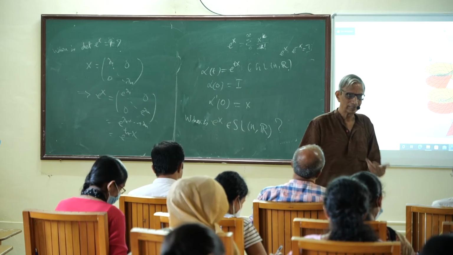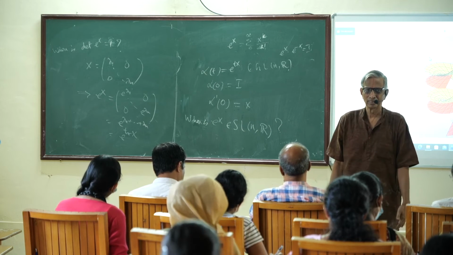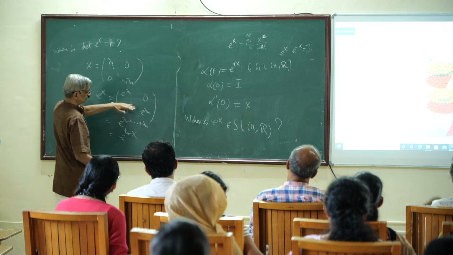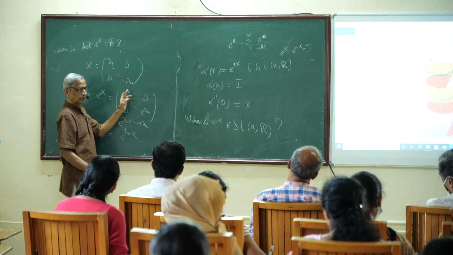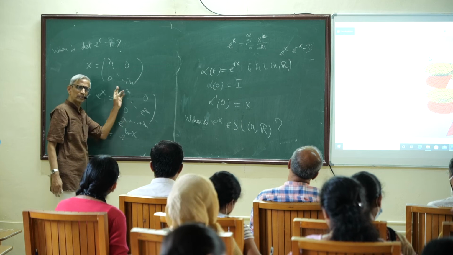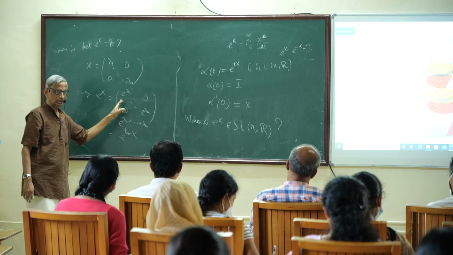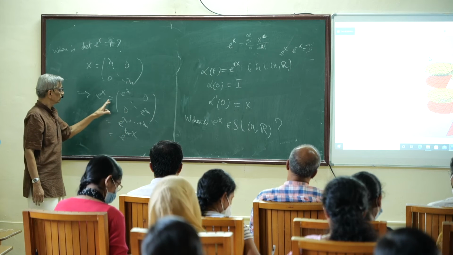What about a triangular matrix? It's not diagonal but triangular, so it doesn't matter. Something is there instead of 0, but still the determinant is going to be the same, right? Even for a triangular matrix.